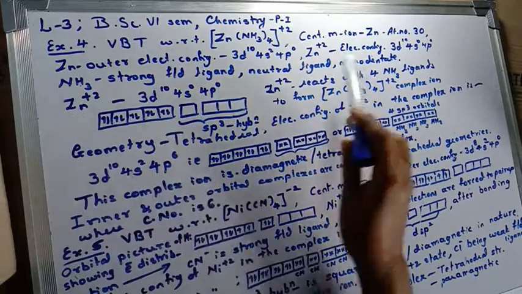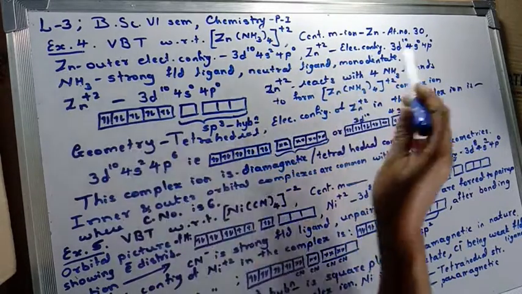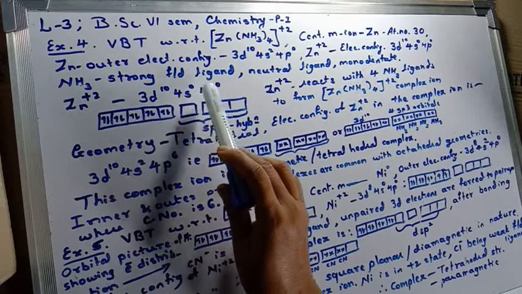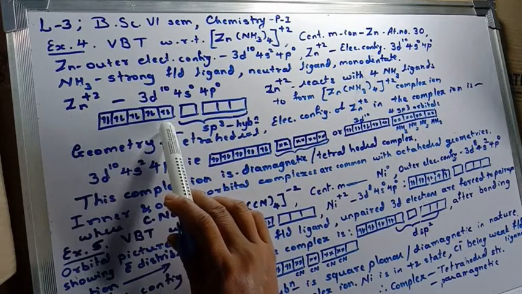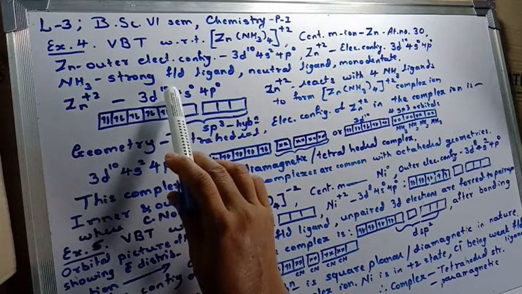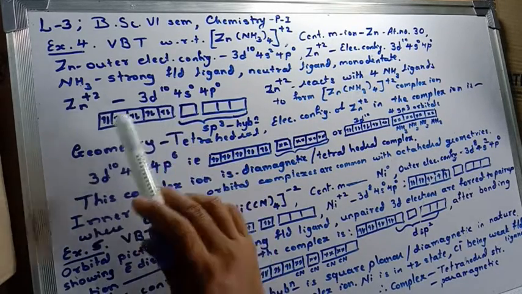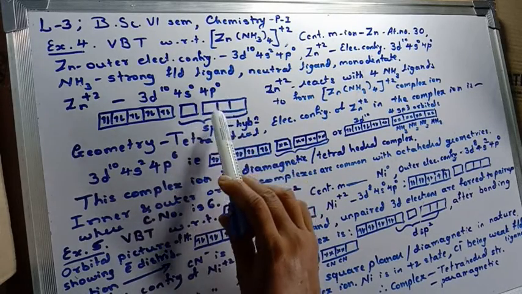Now the electronic configuration of Zn2+ is the same, 3d10 4s0 4p0. In the orbital picture, all 5 of the 3d orbitals are completely filled because 10 electrons are distributed there, and 4s is empty, 4p is empty.